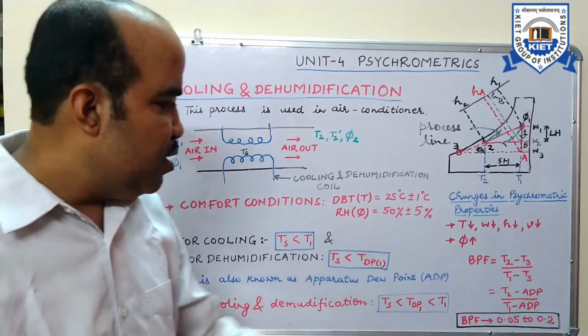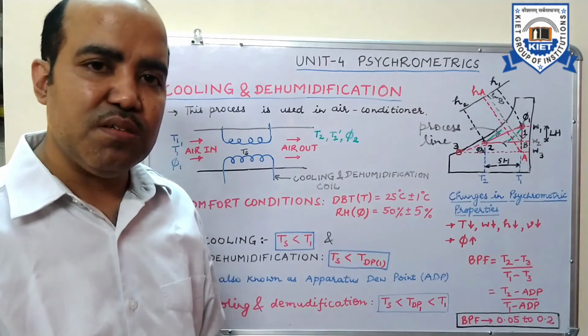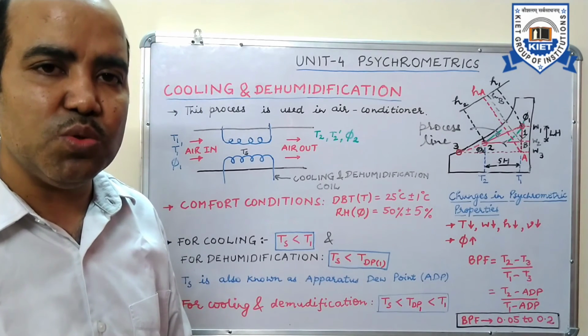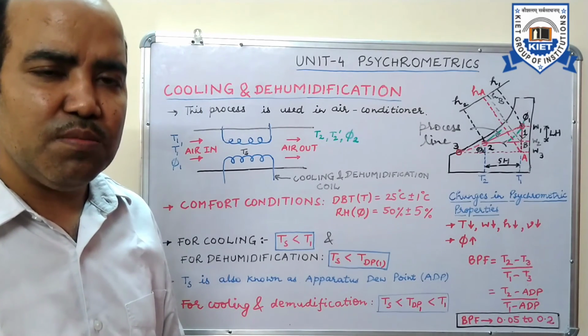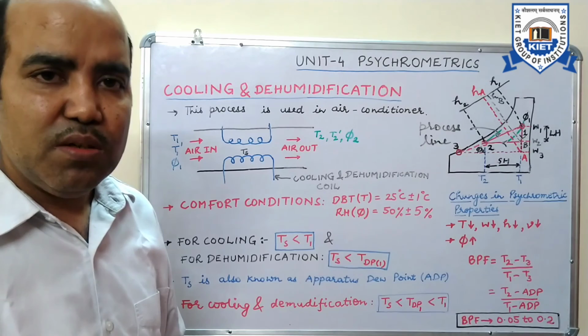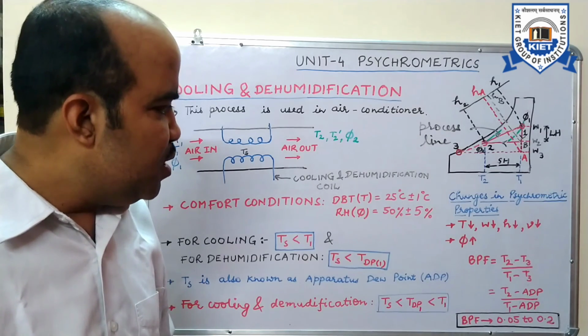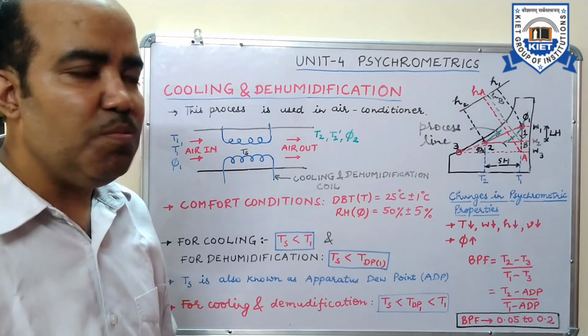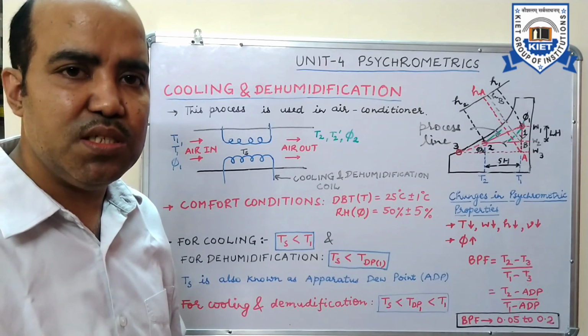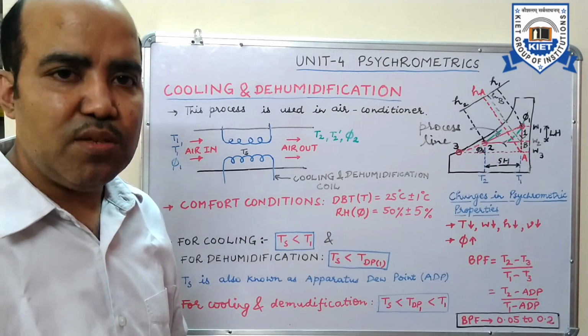The value of the bypass factor for the coil varies between 0.05 and 0.2, and sometimes the average value is about 0.15. So I hope this lecture on cooling and dehumidification is clear to all of you. Thank you for this lecture.